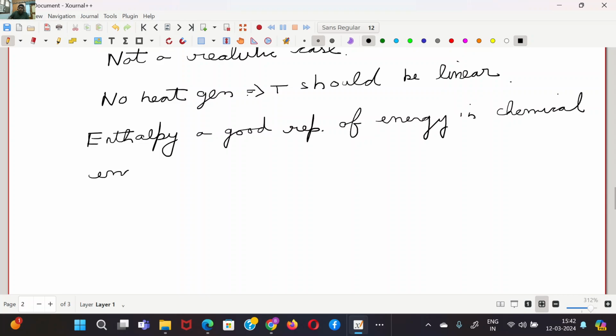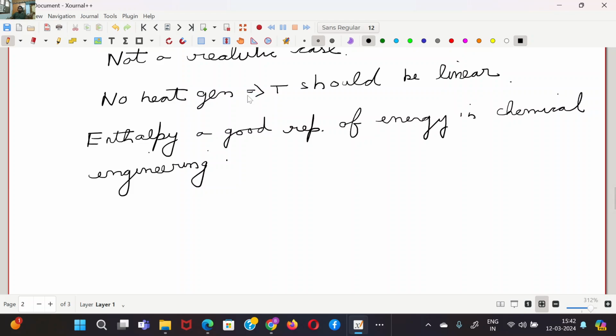And what is enthalpy? You can take it as mass into specific heat into temperature. So that's the heat content, right?